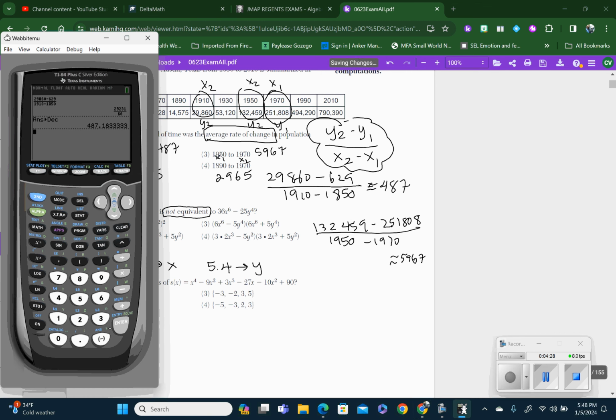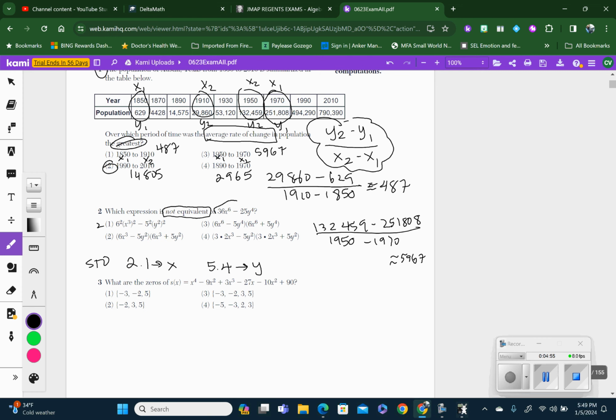Let me go through how to store again. So 2.1, hit store, it's above the on button, and then put X, hit enter. Now 2.1 is my X, and 5.4 we're going to store into Y. To get Y, we hit alpha, and our Y is above the 1, and hit enter. Now our X is 2.1 and our Y is 5.4.